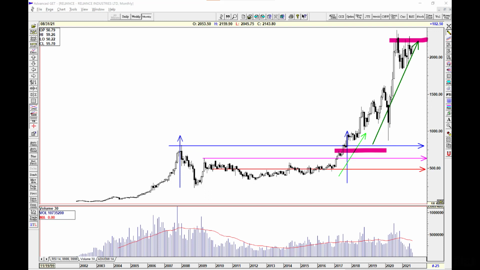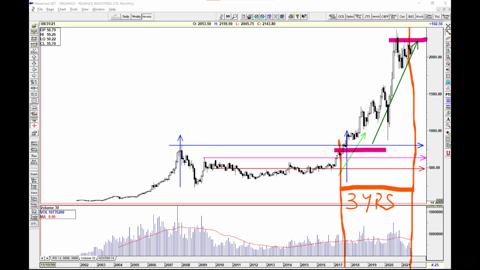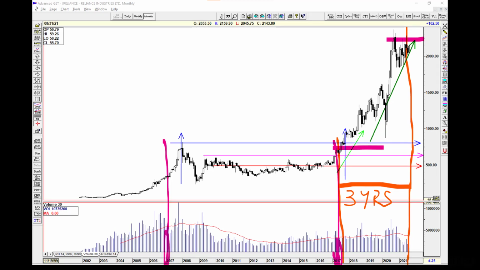And from 700 to 2,300, it took just about 3 years, 2018, 19 and 20, rather 2021 maybe half of that, right? But it remained for almost 10 years, from 2007 till 2017, within 550, 600 levels, right?